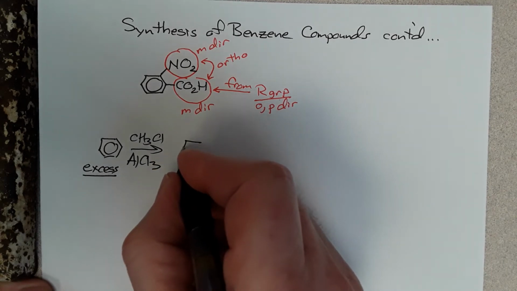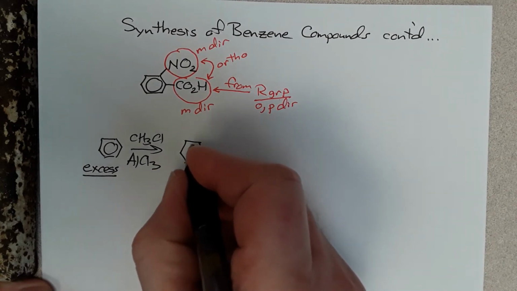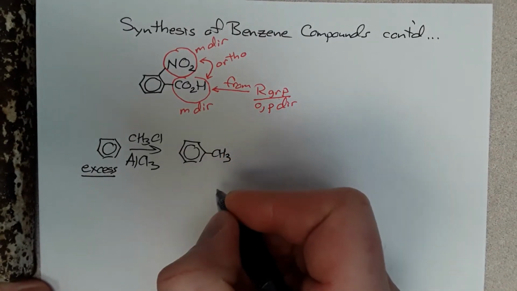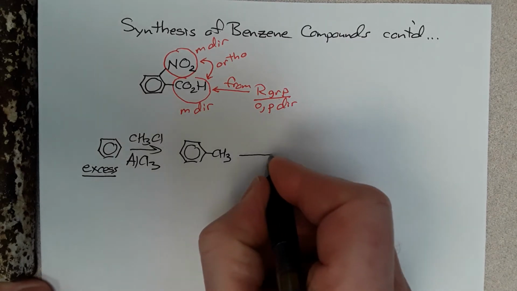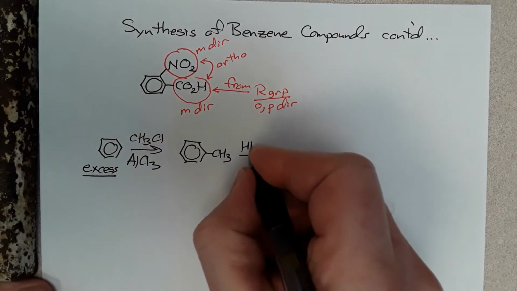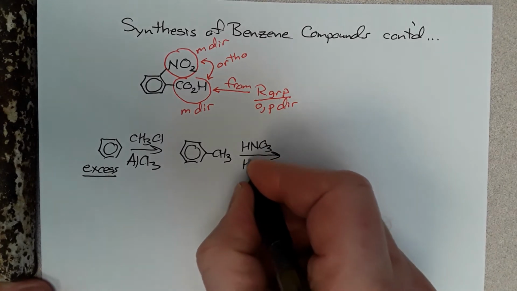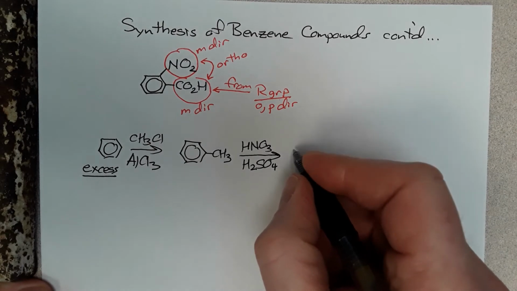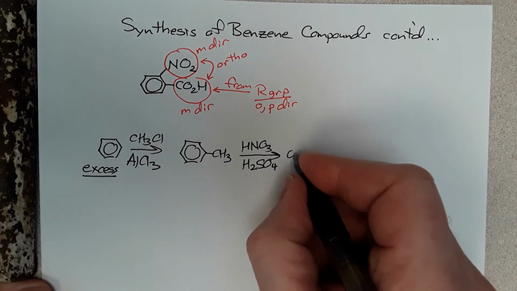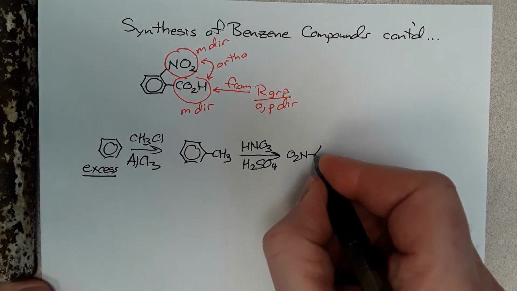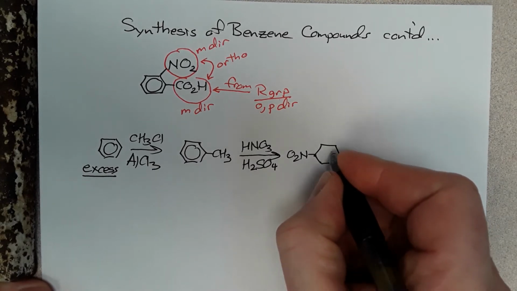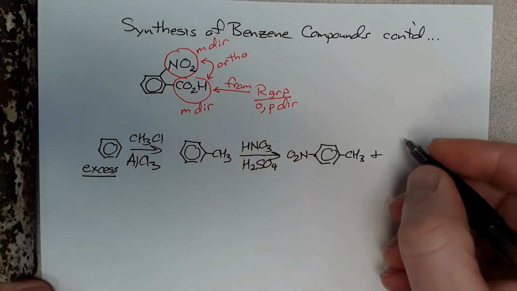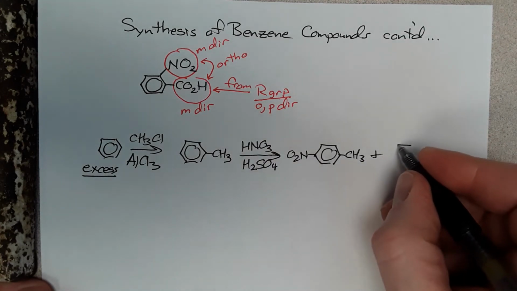So you have added the methyl group, and then we're going to add the nitro group by using nitric acid and sulfuric acid. And you are going to get what you don't want, the para, and what you do want, the ortho.